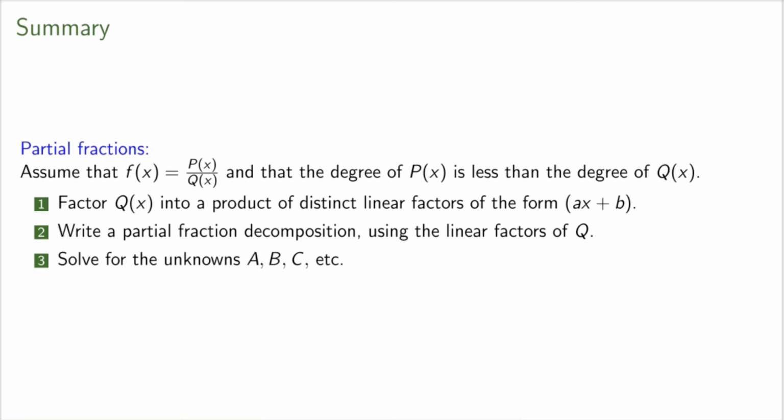These factors in the previous example were x minus 1, x plus 1, and x plus 3. We write a partial fraction decomposition using the linear factors, and then we solve for the unknowns a, b, and c. That's the hard part. If we have the a, b, and c, then comes the easy part, which is just integrating with a bunch of logarithms. So that should be no problem.